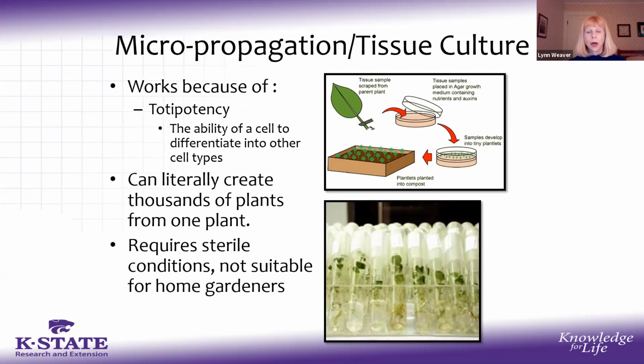They let those grow on for another month or so before planting in soil. So you can understand how those of us who garden at home, we might be able to get 2 or 3 divisions from a houseplant over the course of a season. These nurserymen that use tissue culture, they can get up to 10,000 plants per year.